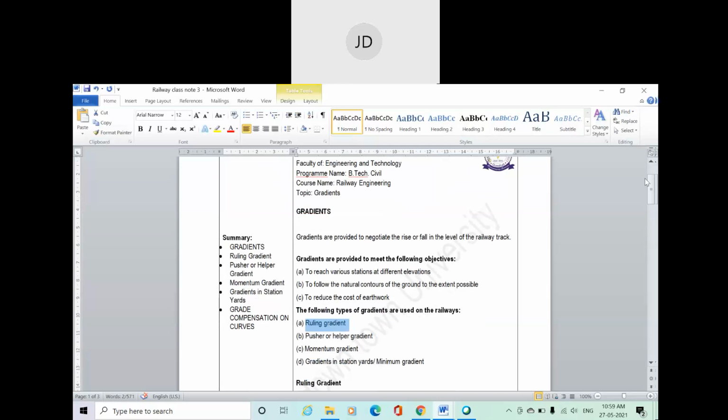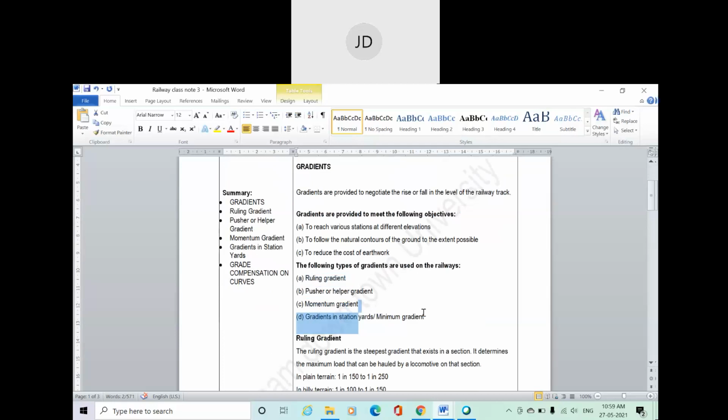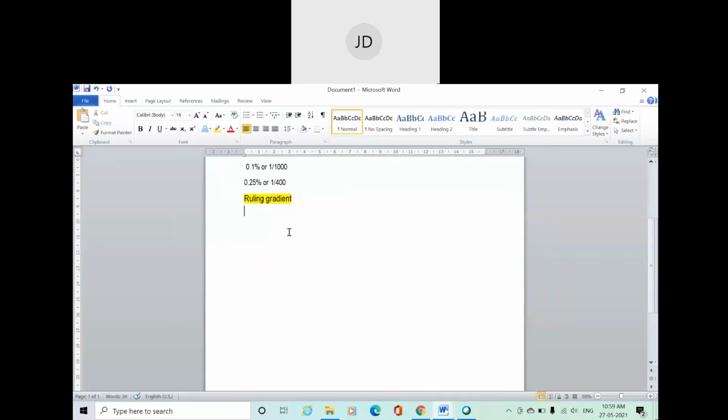Specifically, in this class we discussed minimum gradient, ruling gradient, and the amount of ruling gradient. You can take the note here.